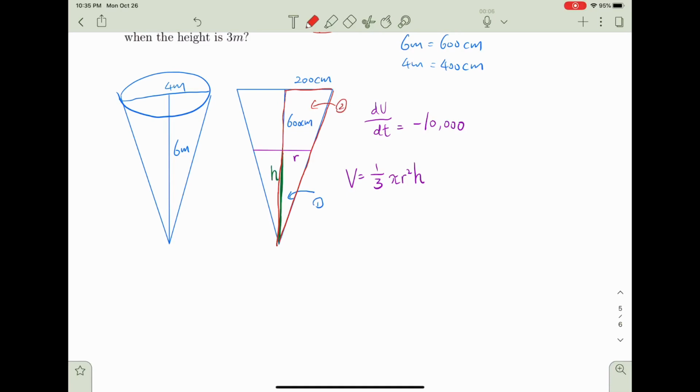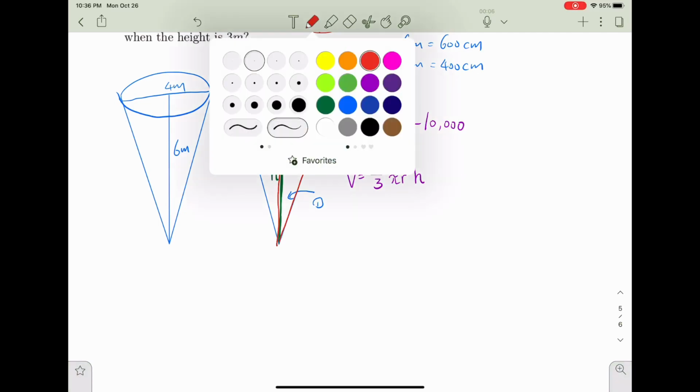So triangle 1 is similar to triangle 2, which means the ratio of the lengths of the corresponding sides is the same.